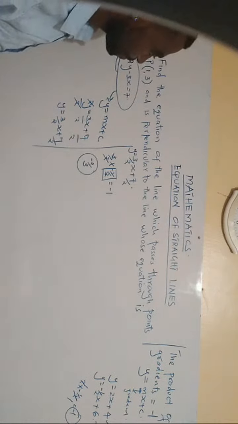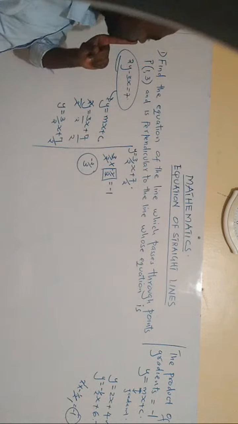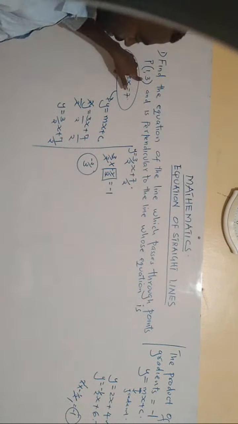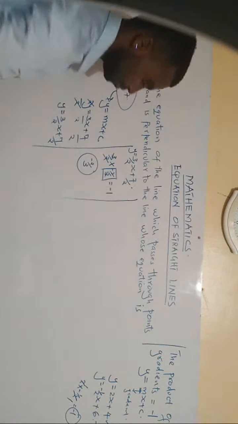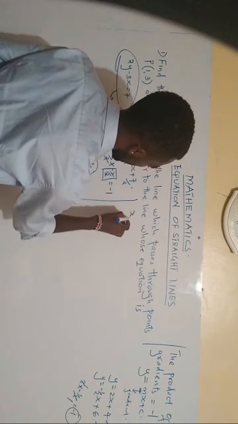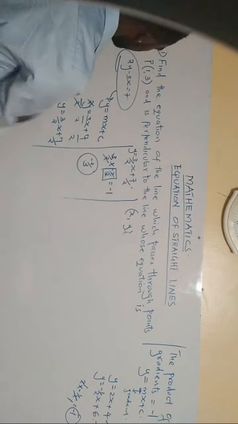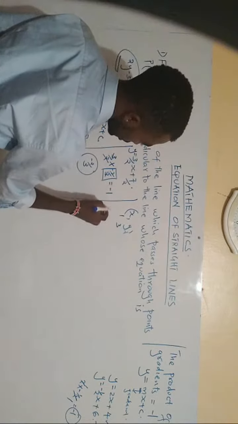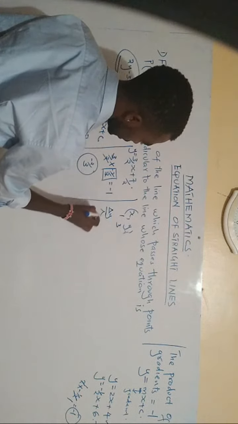Now, the equation in question passes through the point P, which is (1, 3). So we can assume another point (x, y) on the Cartesian plane. We form the change in y over the change in x.